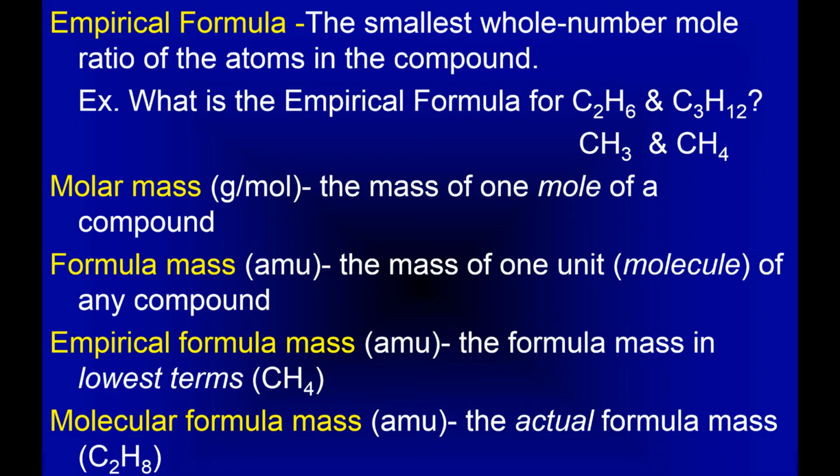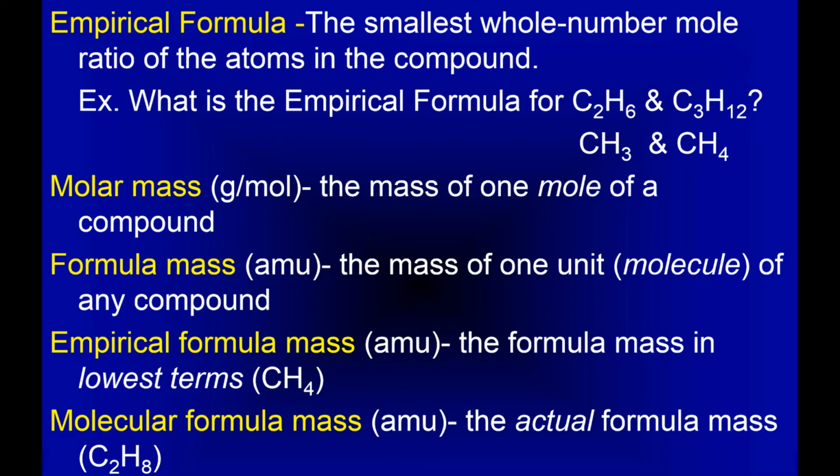Next, formula mass. Now notice the difference between formula mass and molar mass. Molar mass is grams per mole, and formula mass is in AMU. So formula mass is going to be for 1 formula unit or 1 molecule. 1 single little itty bitty teeny tiny molecule. The empirical formula mass, that's the formula mass in lowest terms.